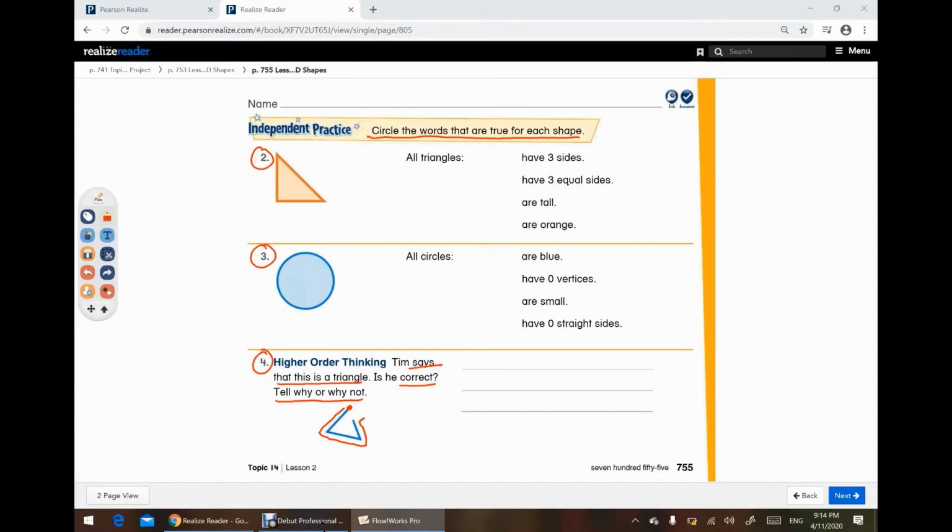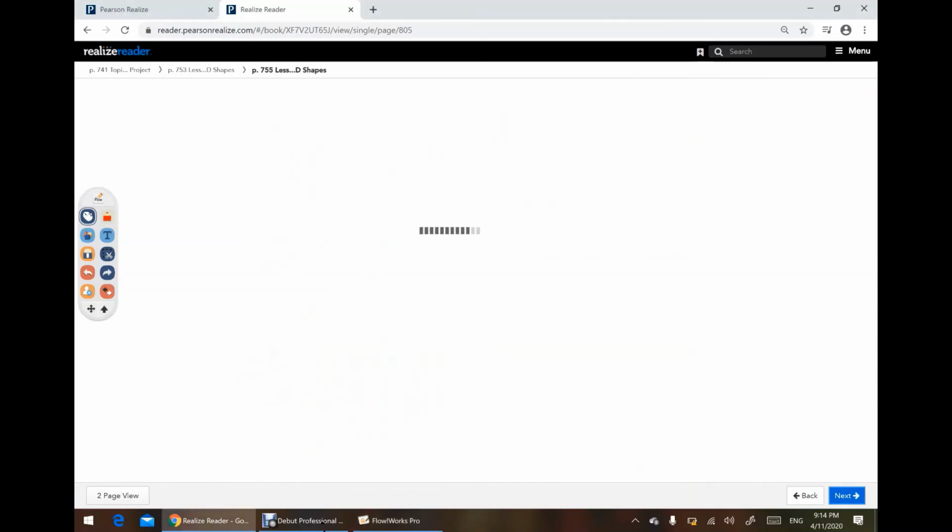Does it have 3 sides and 3 vertices? And is it a triangle? Now you know the answer, how to write. Kids, if you don't understand, please feel free to ask me. I will explain it to you again. Let's move to our next page, the last page.